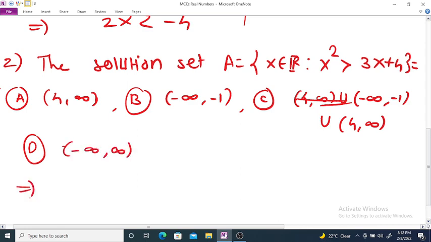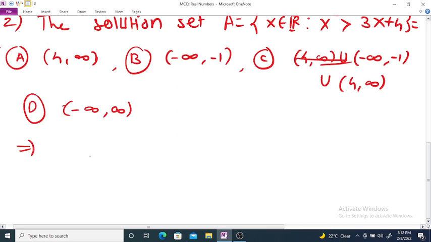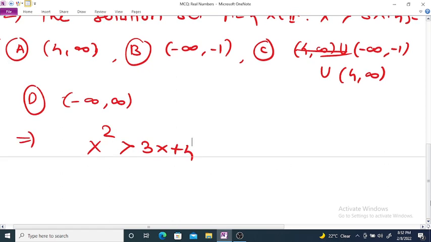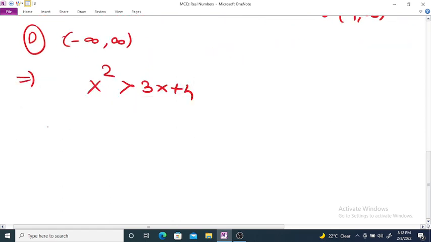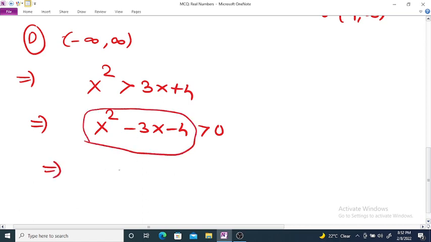So here the given inequality is x square greater than 3x plus 4. This inequality can be written as x square minus 3x minus 4 greater than 0. This is a quadratic expression in x, and its factorization is x minus 4 times x plus 1 greater than 0.